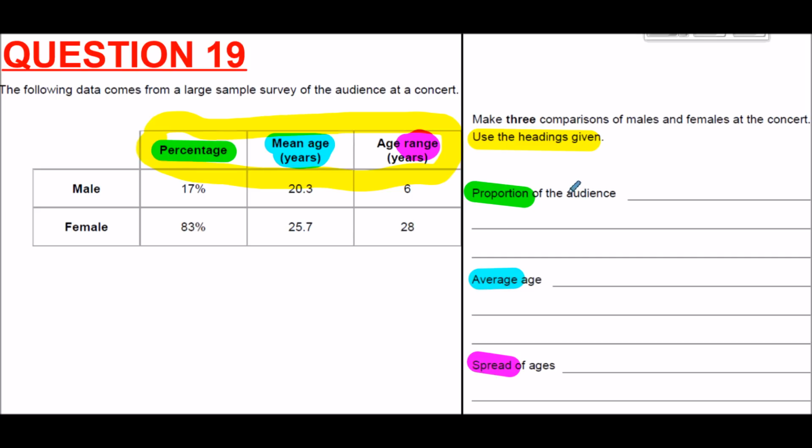So proportion of the audience means we're commenting on the percentage of the audience. So here, a bigger proportion of females were in the audience than males. Because again, remember, we need to make use of the headings given. So we can't say proportion, we need to say percentage.